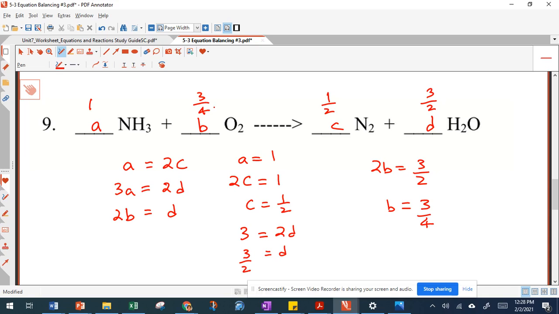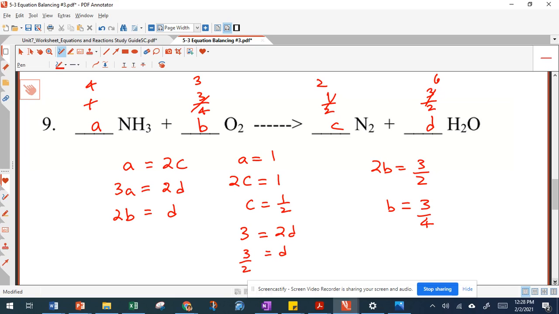So this would become 4, this would become 3, this would become 2, and this would become 6. If you check this, you should see that these answers do work.